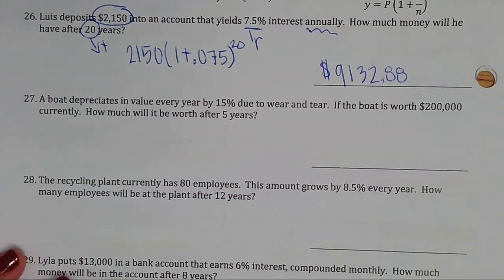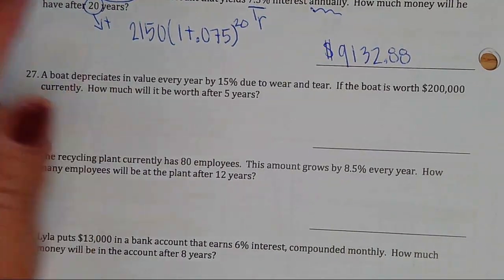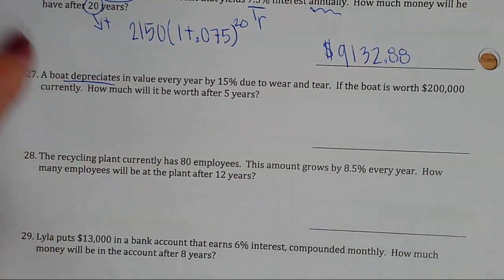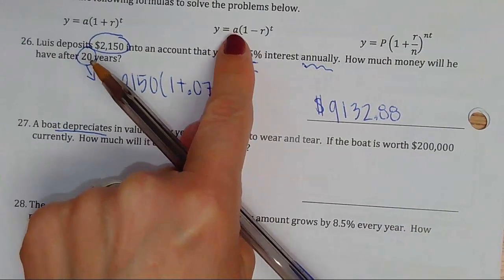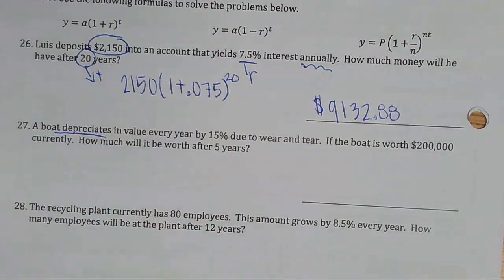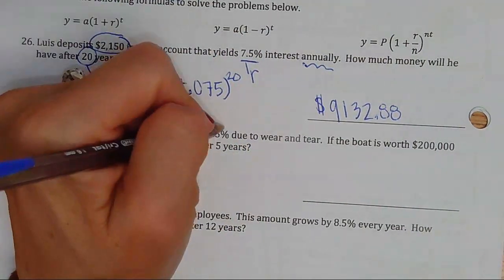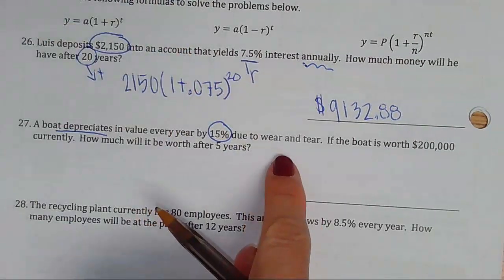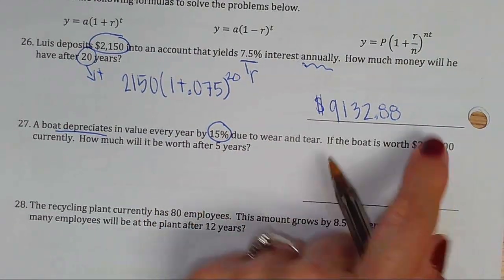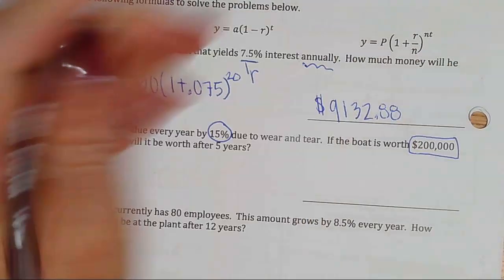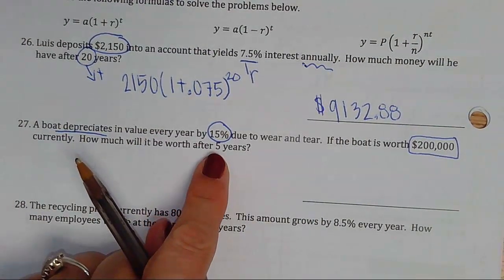Your initial amount. Okay, about depreciate. So we're going to be using this equation because it's going to be losing value every year by 15% due to wear and tear. If the boat is worth $200,000 currently, how much will it be after 5 years?